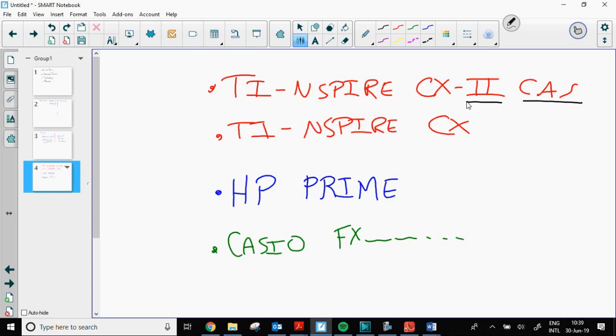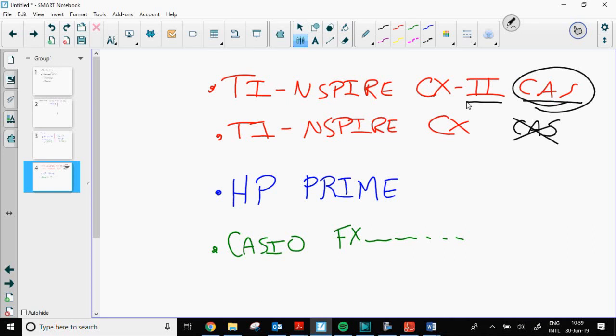You could also use the TI Nspire CX. Notice that this one is not a CAS. The difference is with this first one, you can turn off the CAS function using press to test mode, which we'll be using in my class. All you need to know about that is the CAS has functionality that's illegal for the IB, so you need to be able to turn it off.